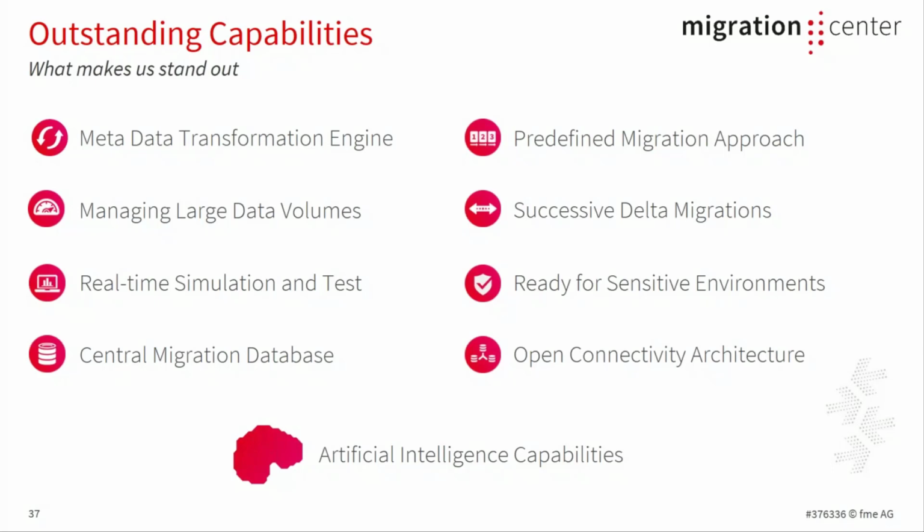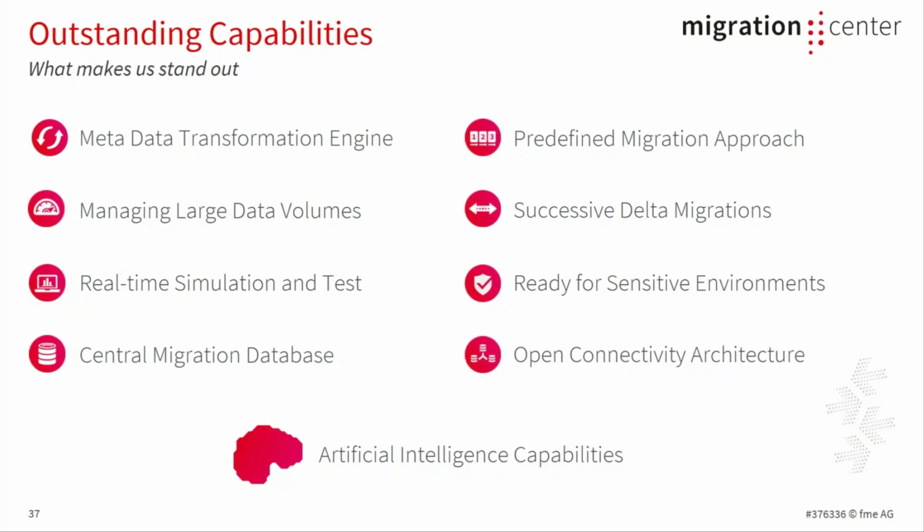We have this predefined migration approach, also shown by Frank. That means analyze the source content, organize your migration, transform the objects, validate the result of the transformation, correct errors, and then import the documents into the target system.